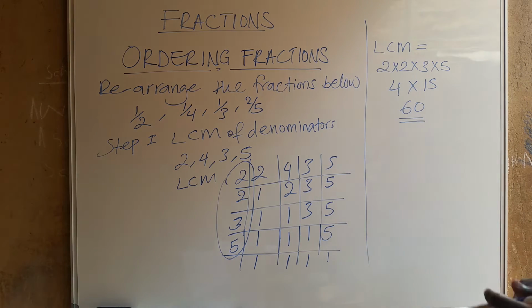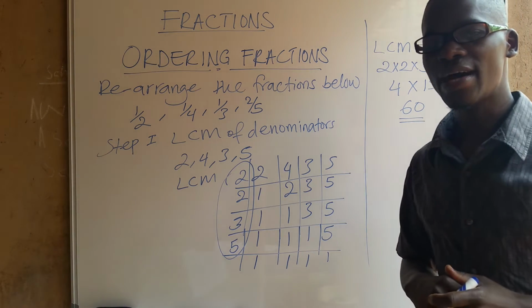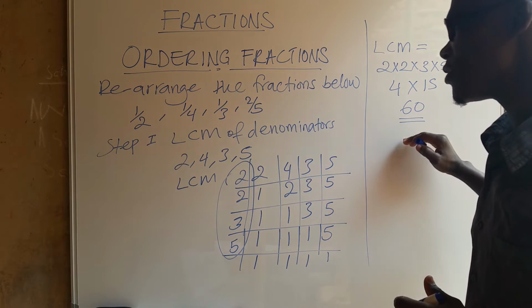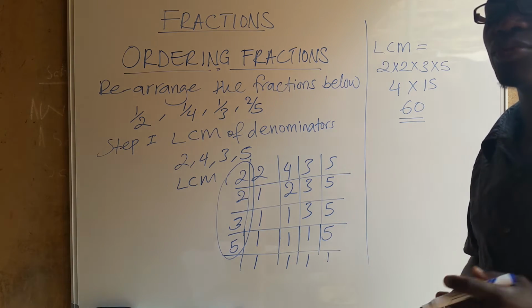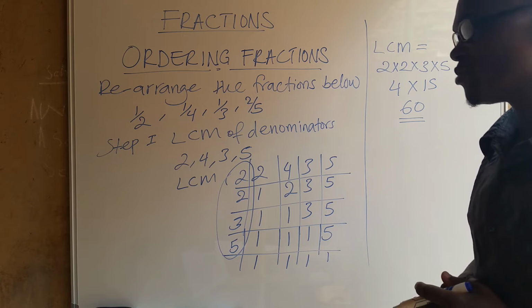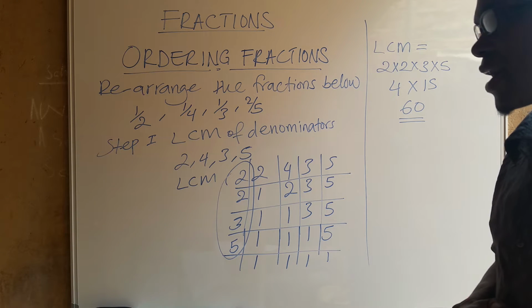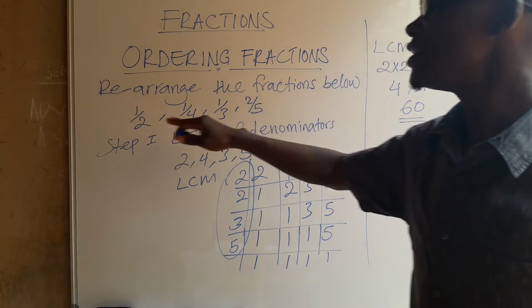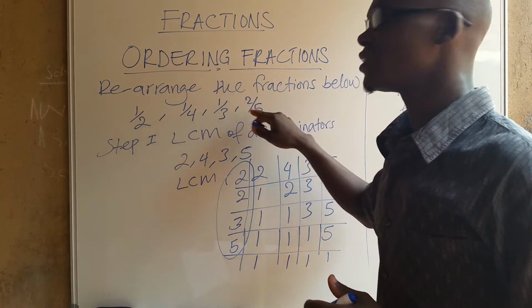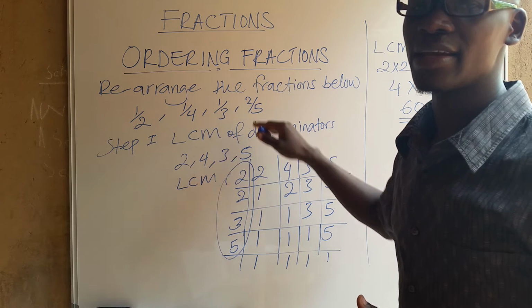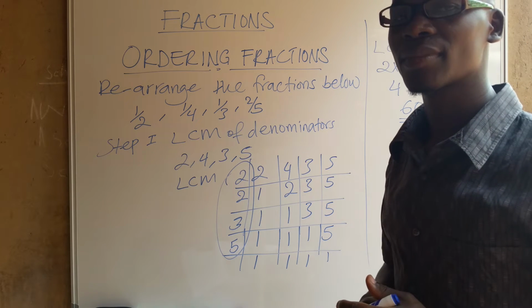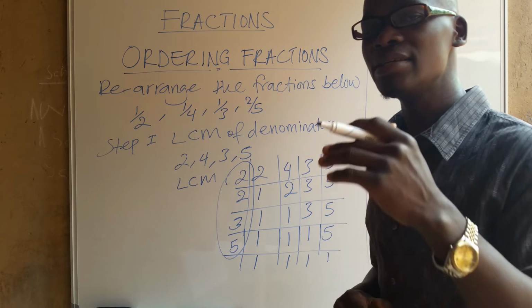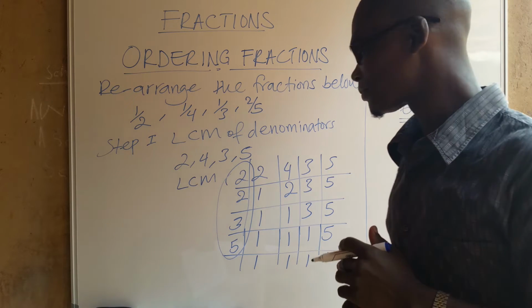So the LCM of the denominators is 60. Now, after getting the LCM, we come to step 2. Step 2 will be, we multiply the LCM by each of the fractions, and then that's when we shall determine the lowest and the biggest. Let us do that.